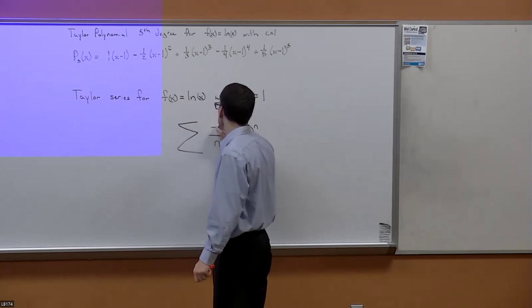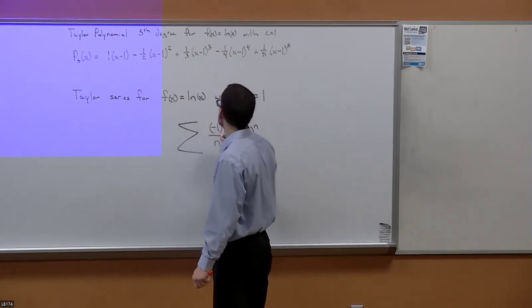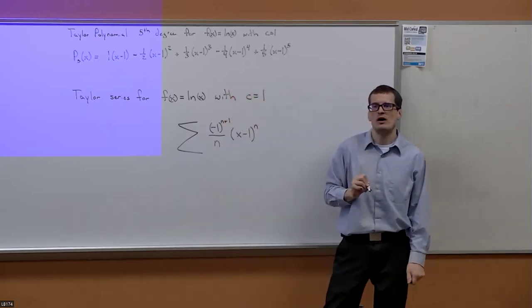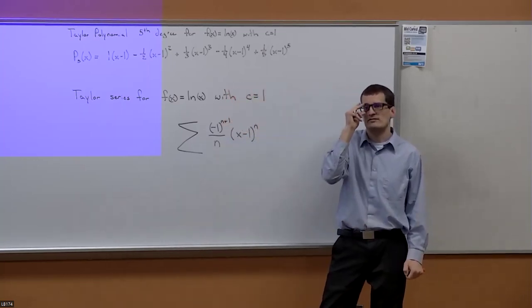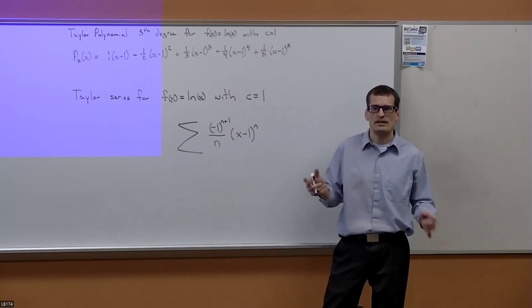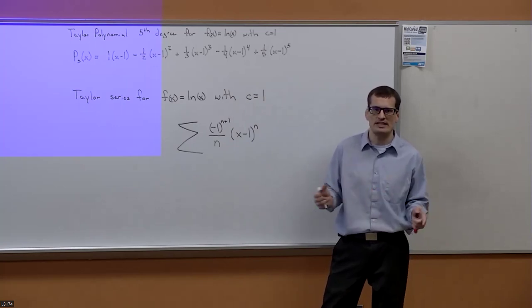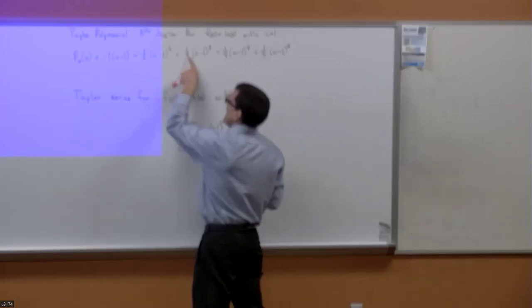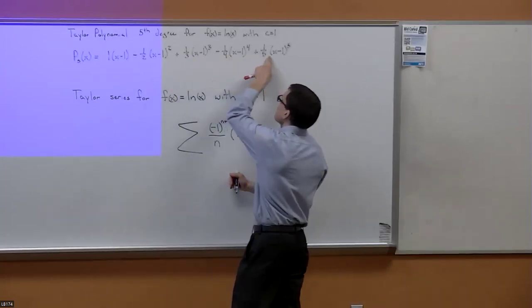We know how to do that. It's either going to be (-1) to the n plus 1 or (-1) to the nth power, depending on whether I get the positive first or the negative first. Here I get the positive in the odd exponents.